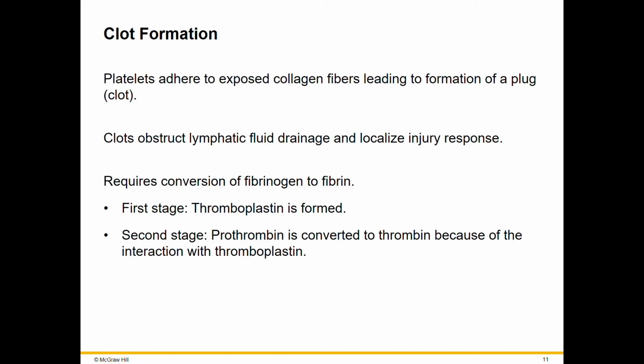Thromboplastin causes prothrombin to be changed into thrombin, which in turn causes the conversion of fibrinogen into a very sticky fibrin clot that shuts off blood supply to the injured area. Clot formation begins around 12 hours after injury and is complete within 48 hours.